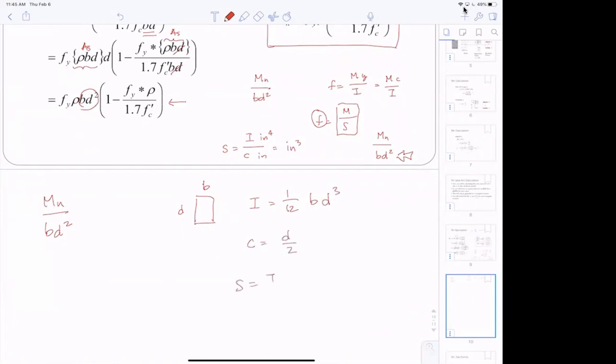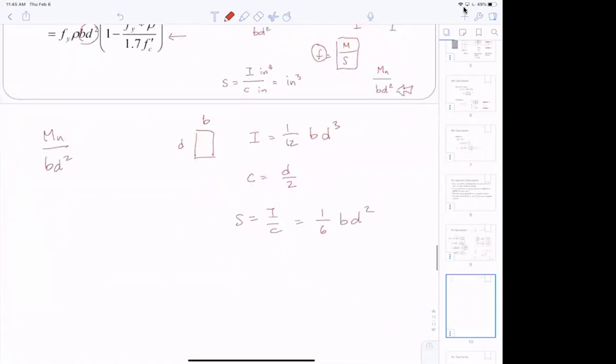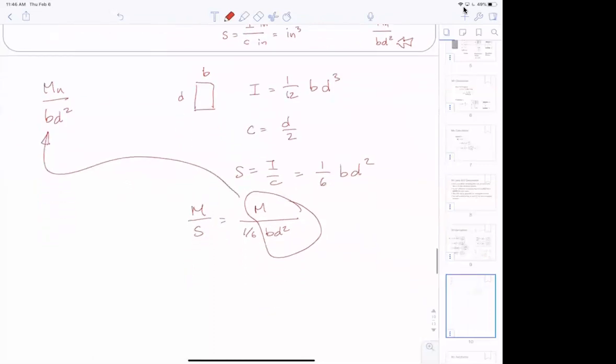So S, which is I over c, is 1/6 bd squared. And so M over S for this rectangle is M over 1/6 bd squared. So you see this thing here? That's that. So Rn is like the moment divided by a section modulus.